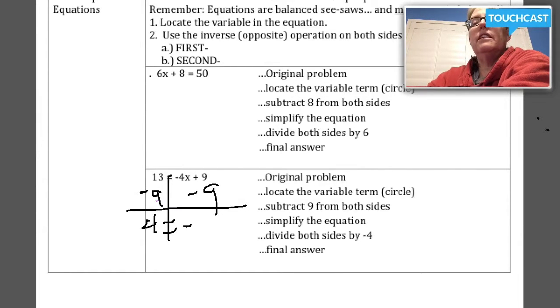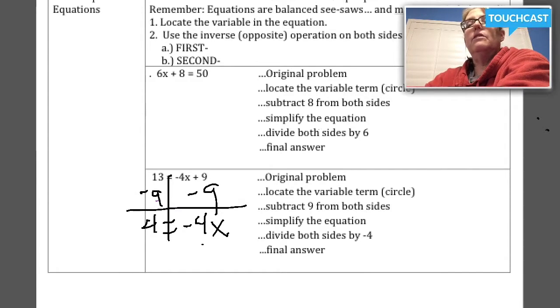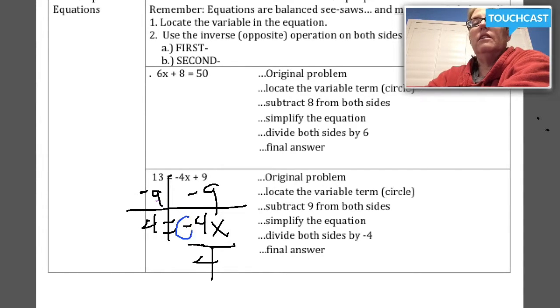I bring down the negative 4x, and then I need to get rid of the 4. It's multiplying x, so I'm going to divide. A negative divided by a positive is going to be a negative, and I don't want my x to be negative, so I have to divide by the negative 4.